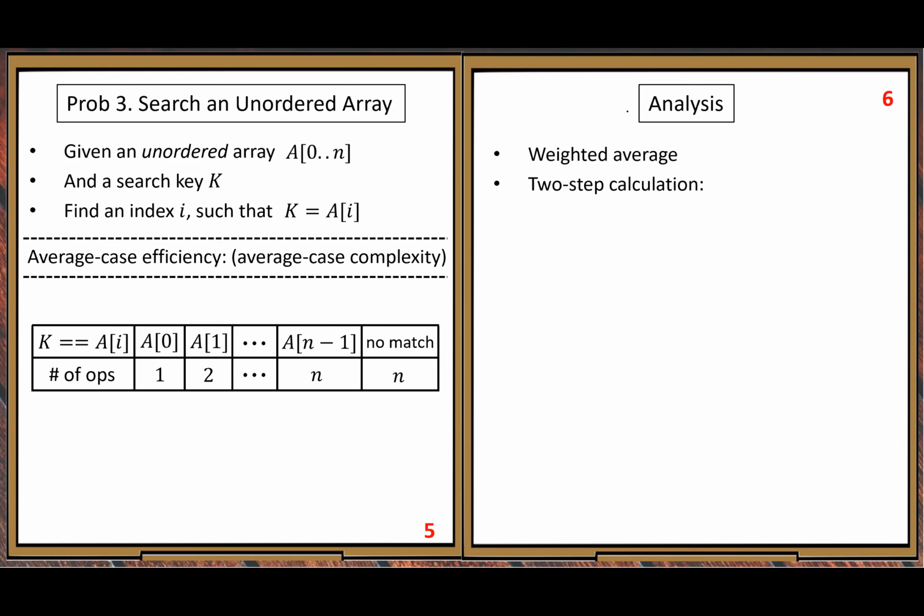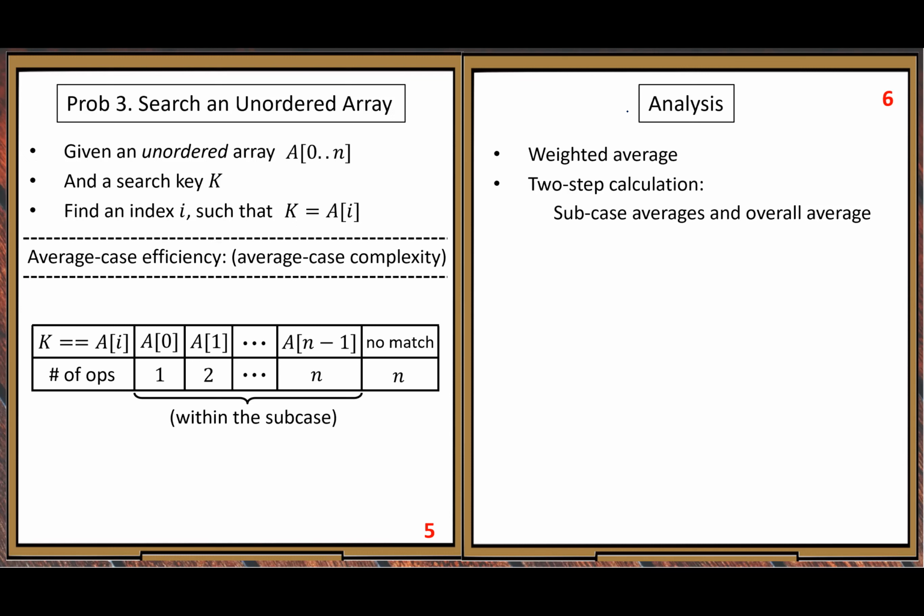Then we apply a weighted average on these two cases to get a final average. So let's do the calculation in this way: subcase averages first and overall average second.